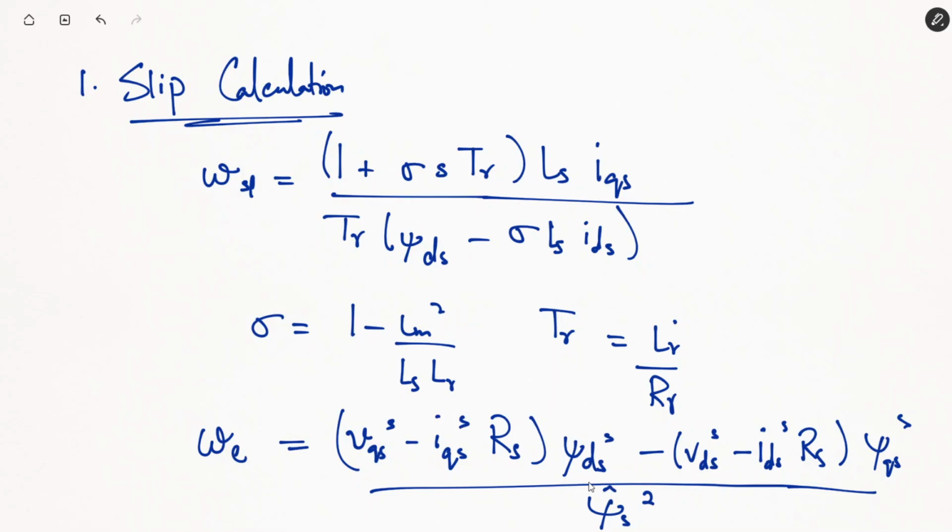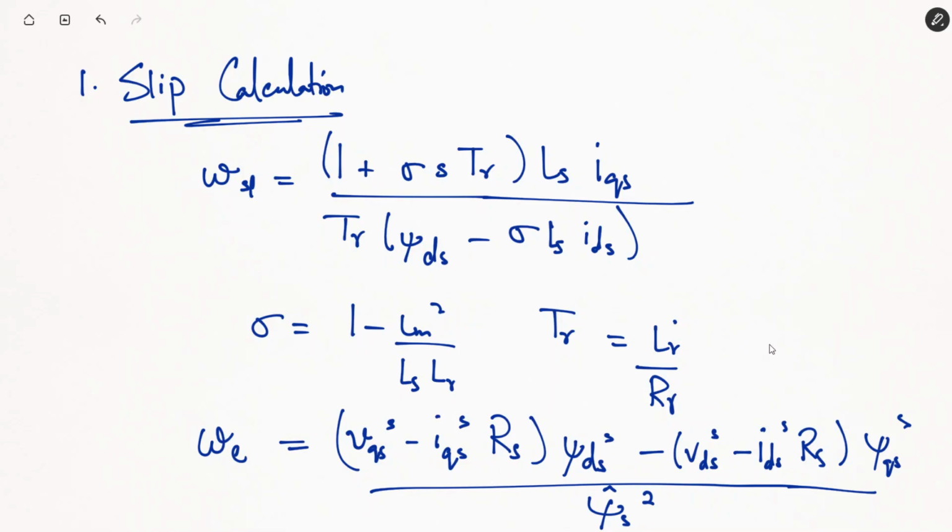So we have omega_e. We can derive omega_e and omega_sl from known values of voltage and currents. We also need to know the other parameters of the induction motor, that's the resistances and inductances: the magnetizing inductance, the stator inductance, and the rotor side inductance.